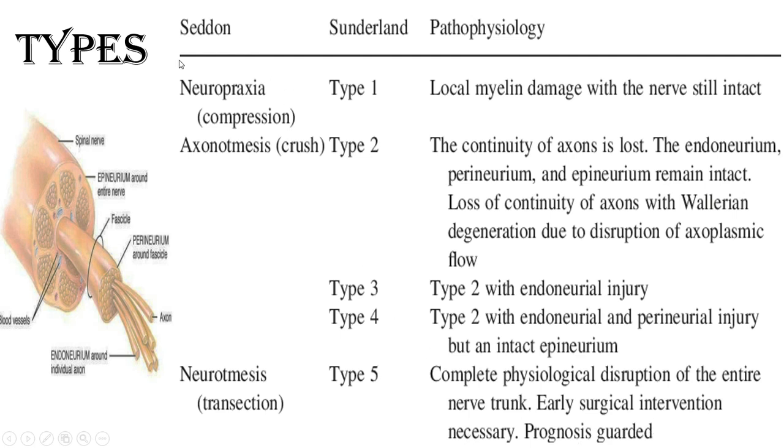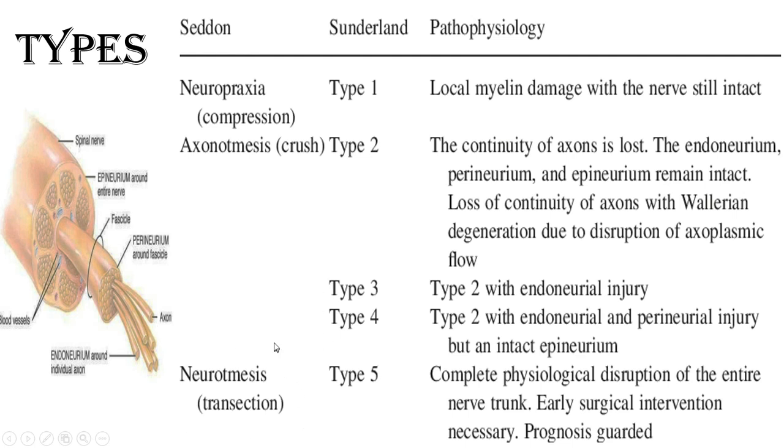See, the most common type of nerve injury is neuropraxia due to compression, for example in the post-operative period, prolonged anesthesia, prolonged bad posture, and even Saturday night palsy or tourniquet palsy, which are examples of neuropraxia due to compression. But crush injury and neurotmesis are very rare.